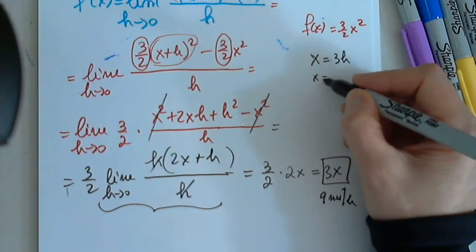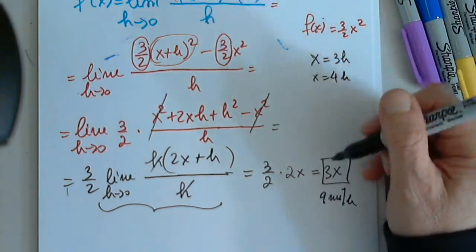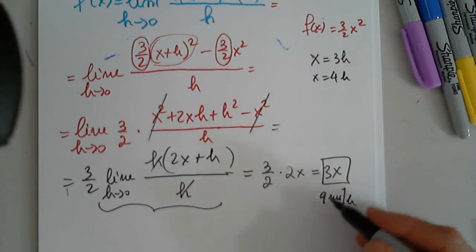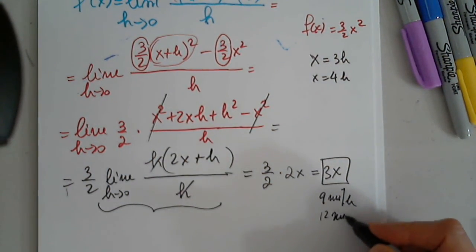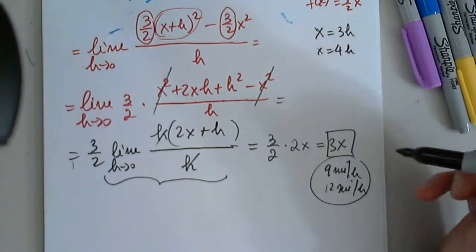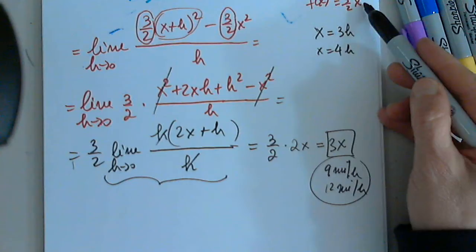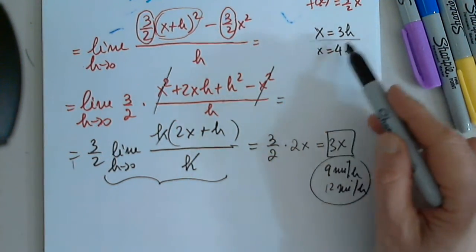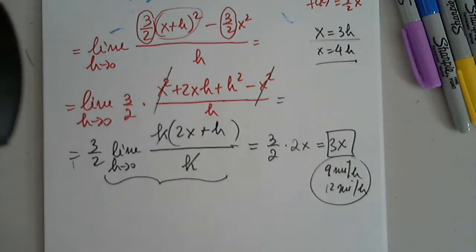If you say when x is 4 hours, I will say this is 4 times 3, which is 12 miles per hour. This is the function that gives us the rate of change of that function at any point for any x value. We will be able to find the instantaneous rate of change.